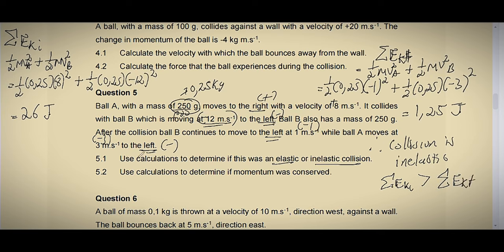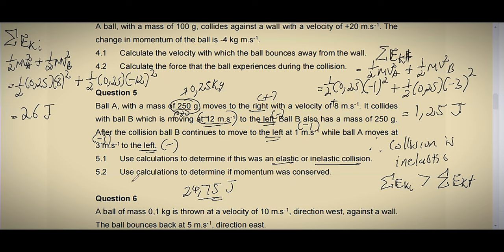Right? So because we can see that the EK initial is greater, that means there was a loss of kinetic energy. Now you can just even go ahead and calculate the energy that was lost. So we lost about 24.75 joules worth of kinetic energy. So we know that this kinetic energy was not just destroyed, it was converted from one form to another, right? So yeah.